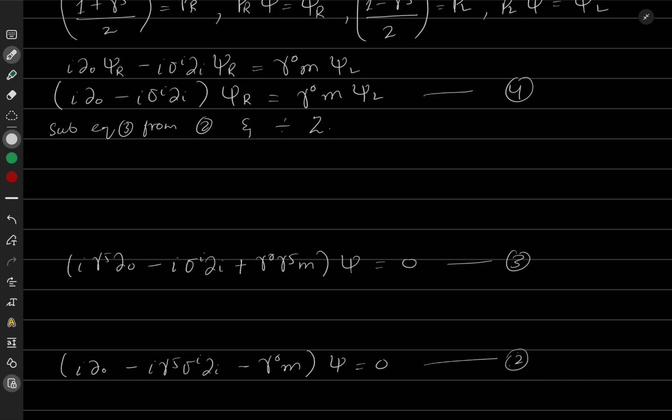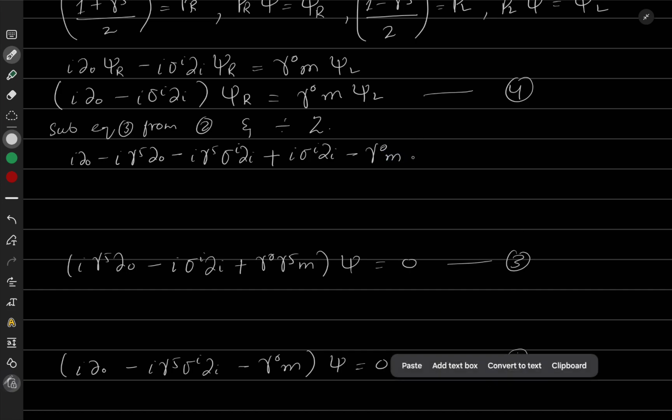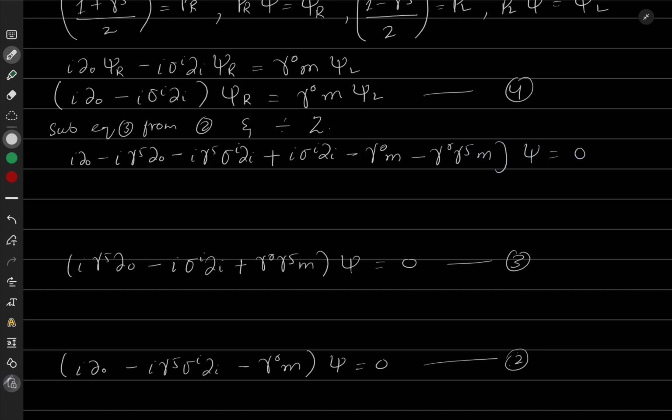So first I write equation number 2: iota d0 minus iota gamma 5 d0 minus iota gamma 5 sigma I di minus, and this will become plus, iota sigma I di minus gamma 0 m minus gamma 0 gamma 5 into m, and everything is multiplied by psi.